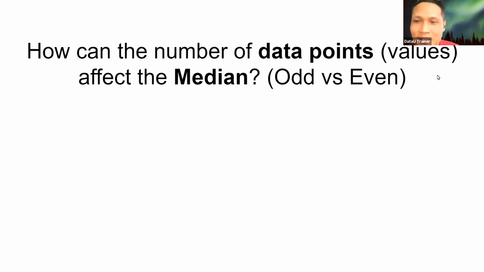So now you know. Who can summarize for me therefore this question? How would you answer it in a full sentence? Maybe Mr. Keon could try to summarize what we just talked about to answer this question. How can the number of data point values affect the median?